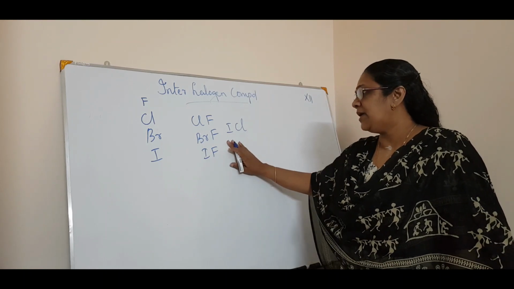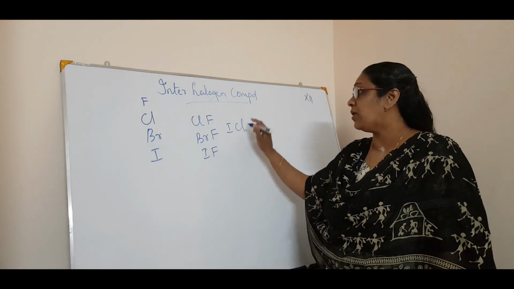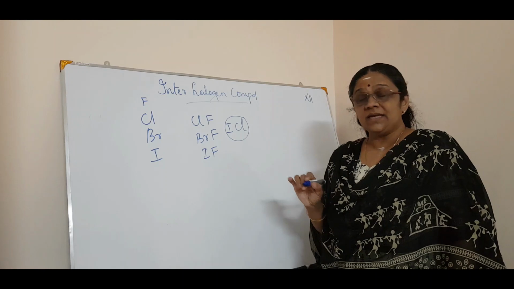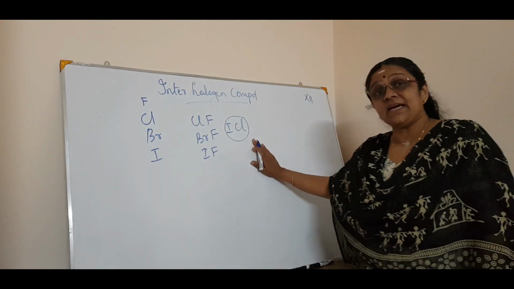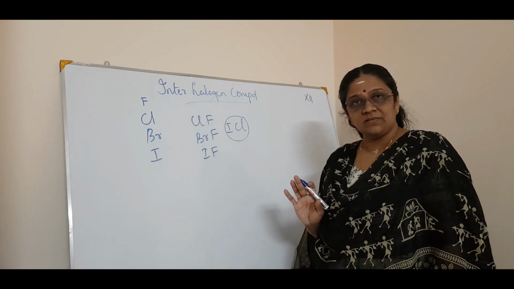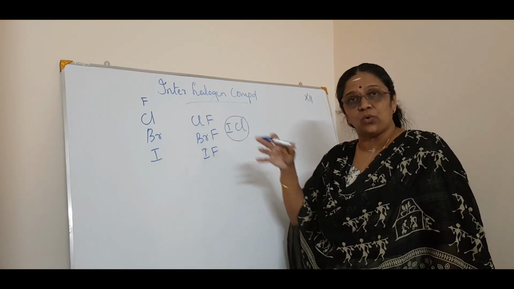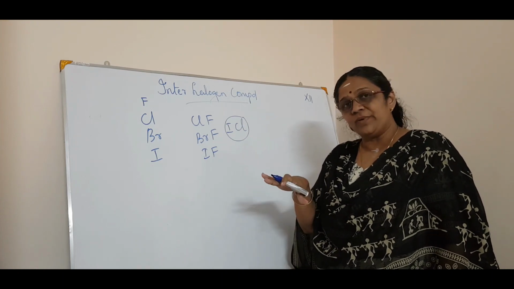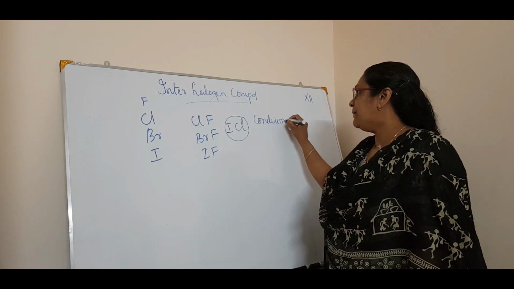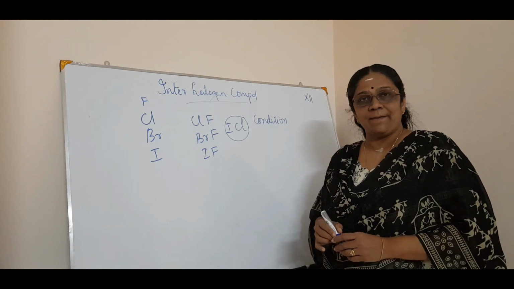Now we will see how the interhalogen compounds can be prepared. They can be prepared by the direct combination of these halogens. Direct combination, that means fluorine plus chlorine, but there may be some conditions, for example some temperature at which the reaction has to happen.